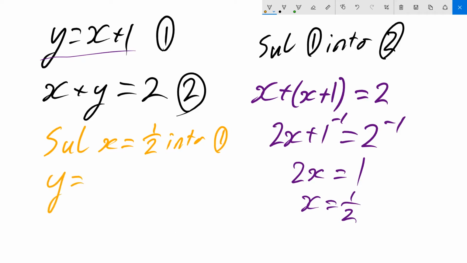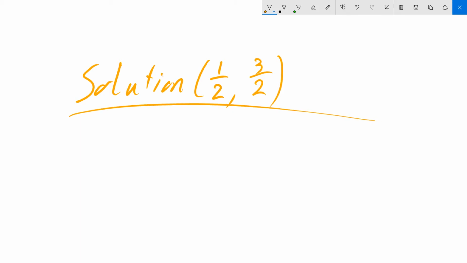So y equals 1/2 plus 1, y equals 3/2, or 1.5, right? So now I can write my solution. x is 1/2, and my y is 3/2, and that's my solution for that problem.